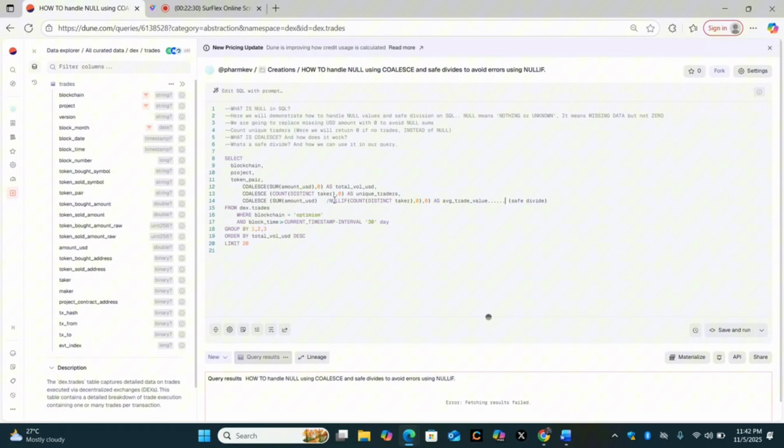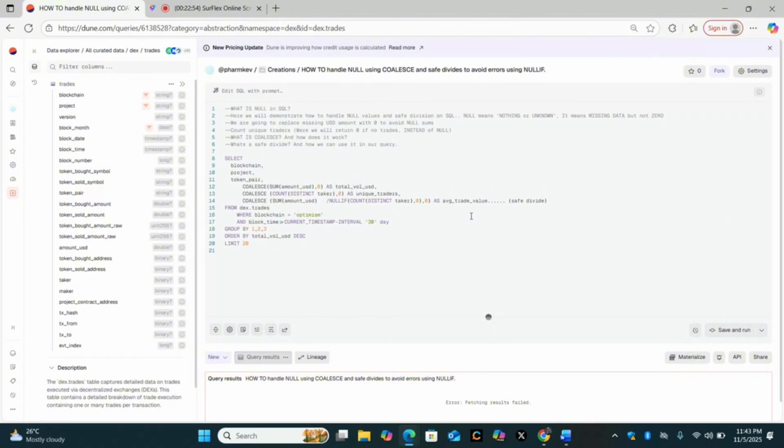With this NULLIF, we convert that 0 to null, because if it is 0, it's going to throw an error in your result, but with null, it's just going to give us 0. So it's either it gives you an error or it gives you 0. Do you see the difference?